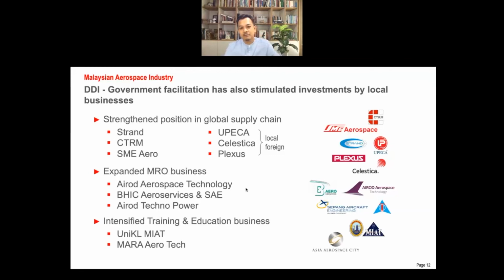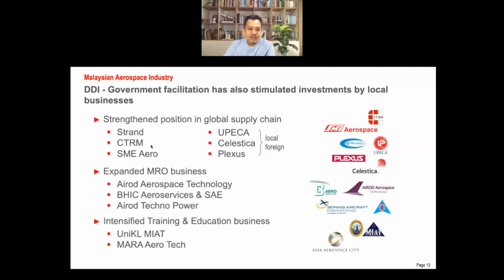Because Strand Aerospace employs Malaysian engineers, we have so many alumni from UPM working there previously, and they keep continuing to provide placements for industry placement activities from time to time. And of course, CTRM is a global player. Before they became a global player, they were just a local player.